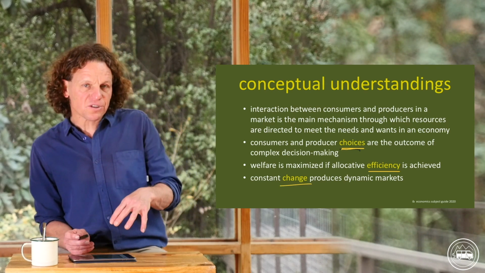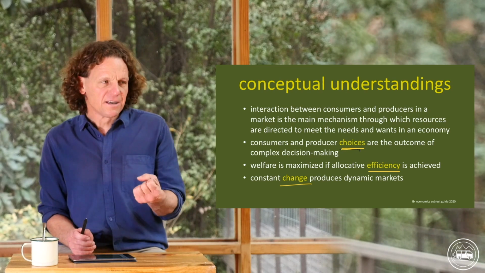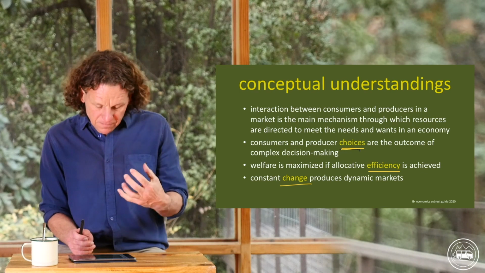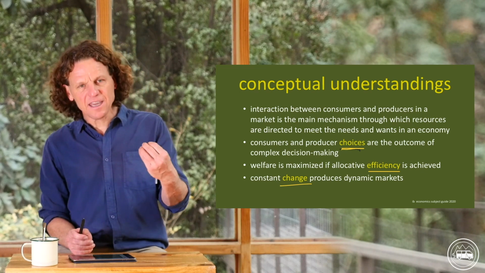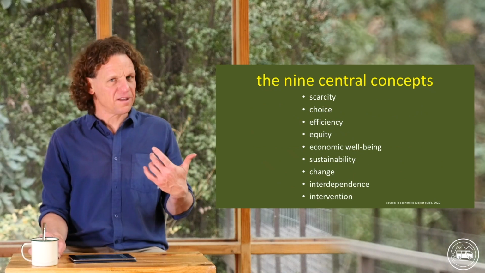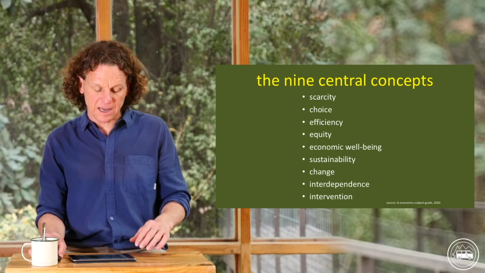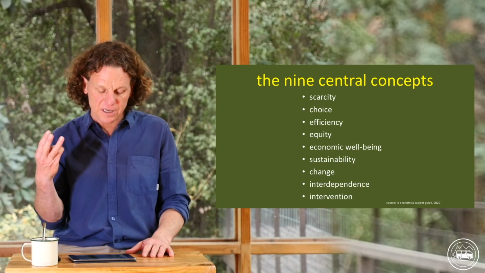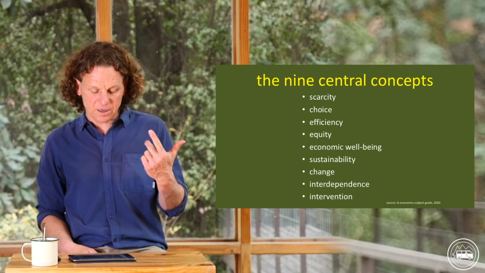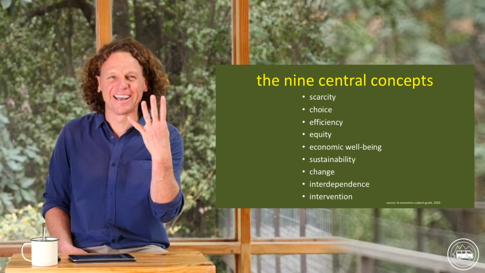So the conceptual understandings of the first real-life question, how do producers and consumers meet their needs and wants, has these themes underneath it, okay? And for a refresher, because remember, these never go away, here are the 9 conceptual themes or concepts in IB Economics. They're scarcity, choice, efficiency, equity, economic well-being, sustainability, change, interdependence, and intervention, there.